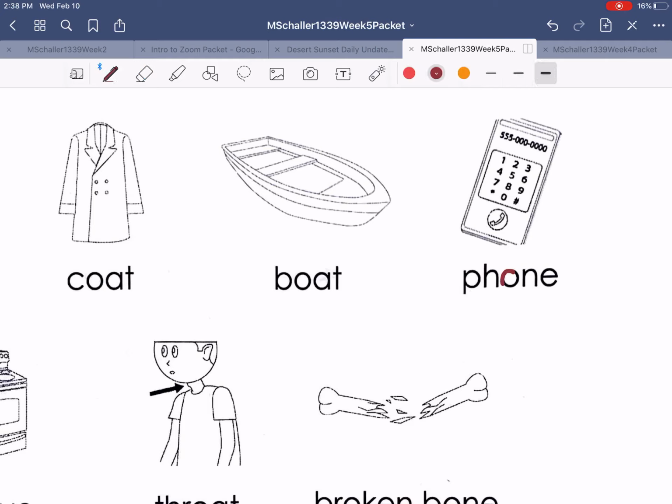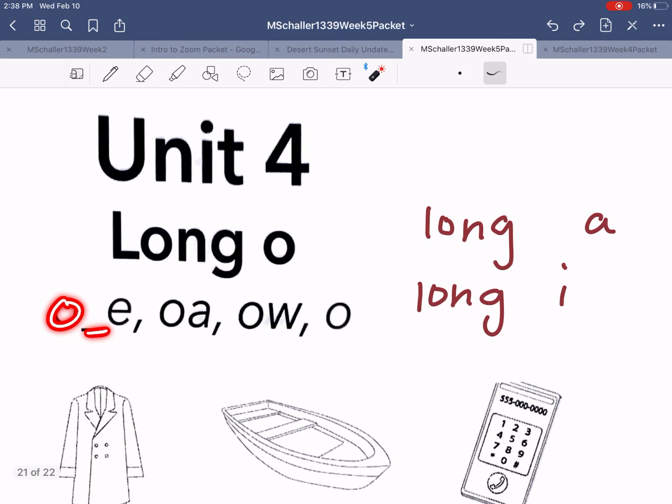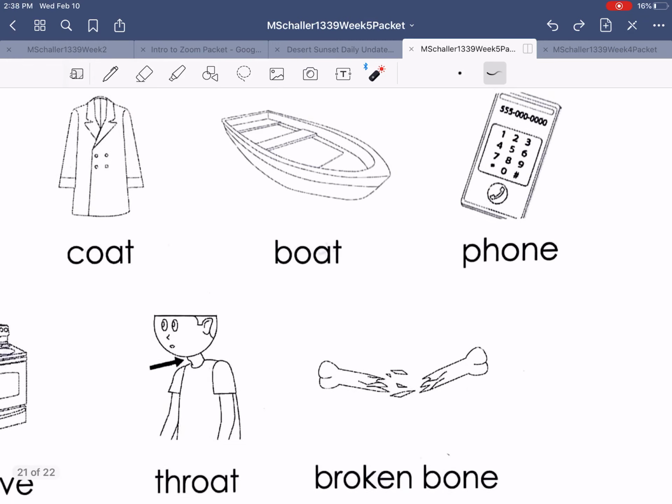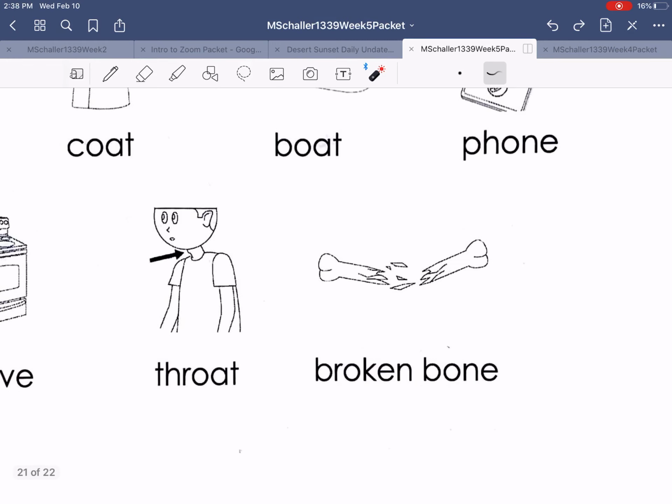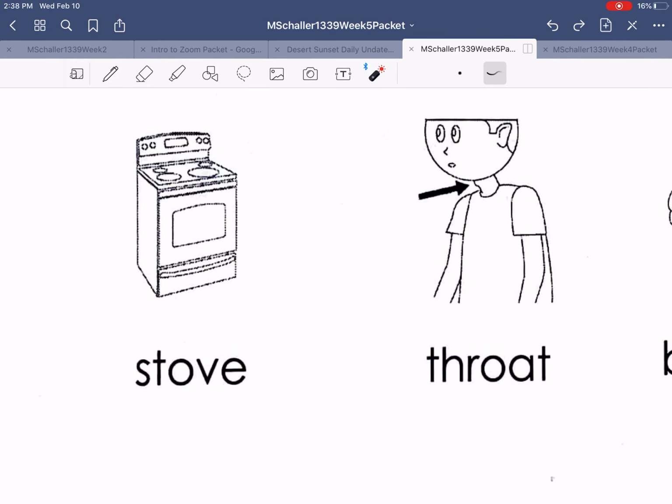You have the O and the E, just like here. So the sound is O. Same here with this word. This is a stove. So, if you have like this, S-T-O-V, no E, stove.